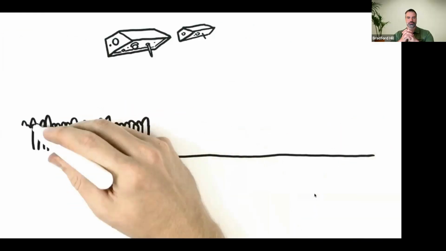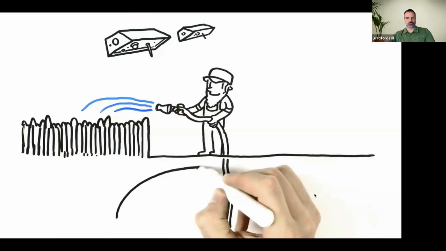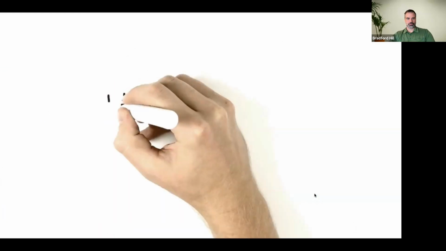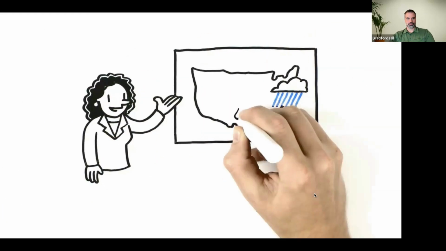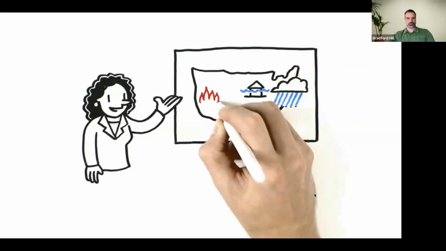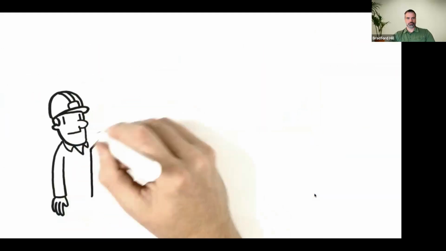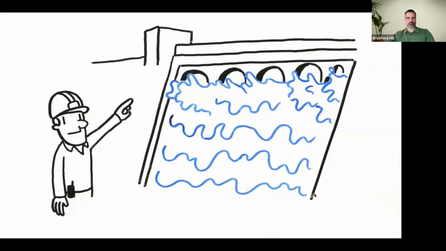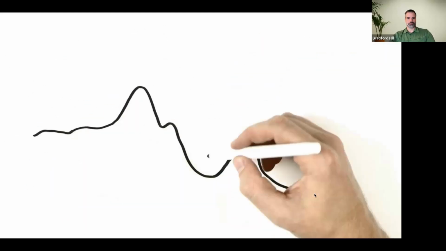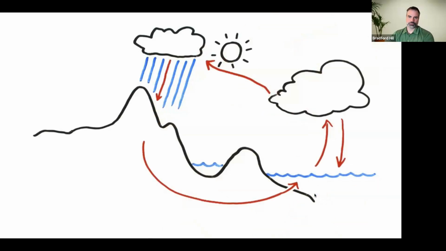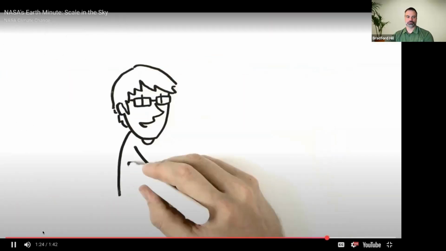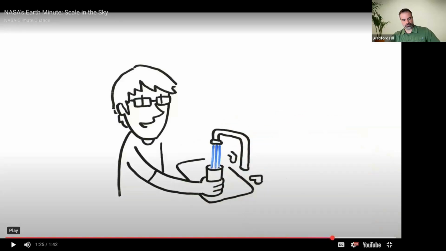Our scale in the sky even lets us measure water deep underground. Knowing where the water and ice is moving helps us improve weather models, forecast droughts, floods, and wildfires. It also helps us get water where people need it. Measuring gravity from space helps NASA better understand the entire water cycle here on Earth. And that can come in handy next time you want a glass.